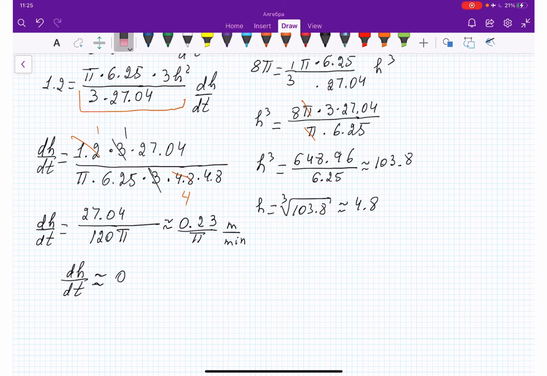Okay, let me write down so you would know what change I did. 0.23 divided by 3.14. So approximately this is going to be equal to 0.072, something like that, 0.072 meter per minute. This is our change. And this is our answer.